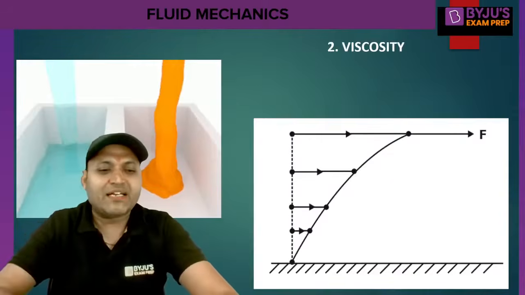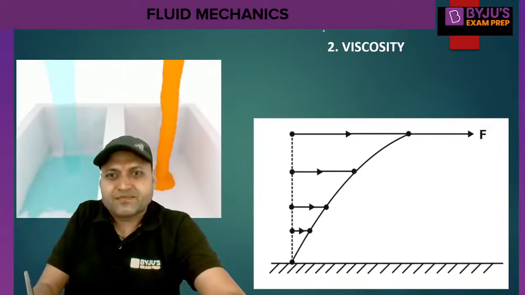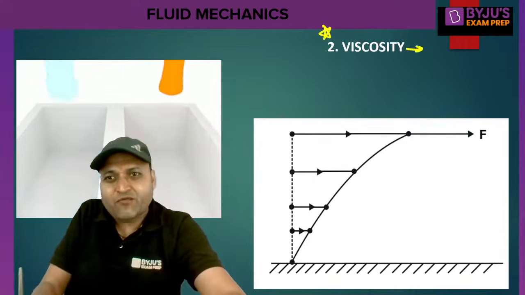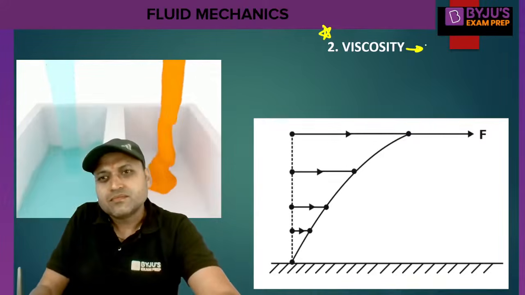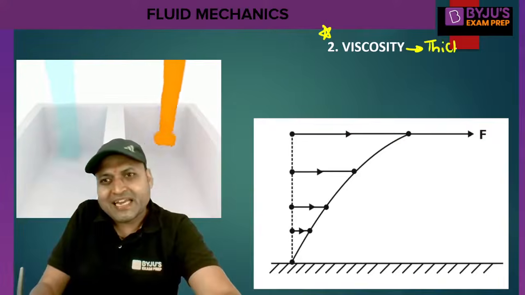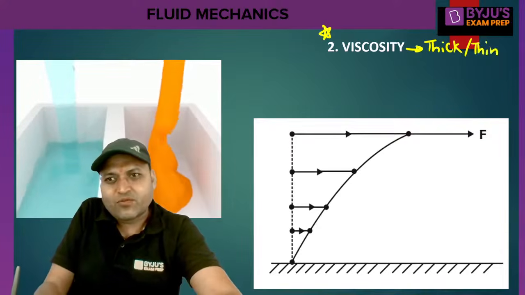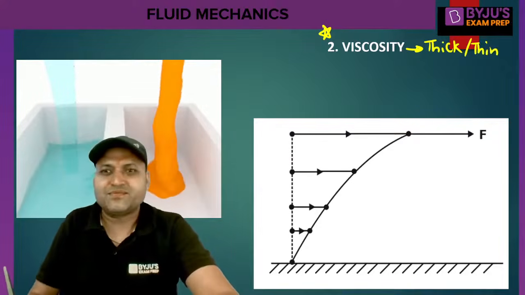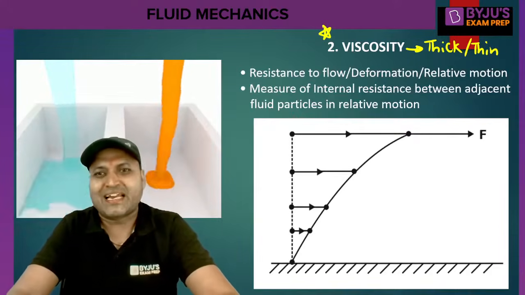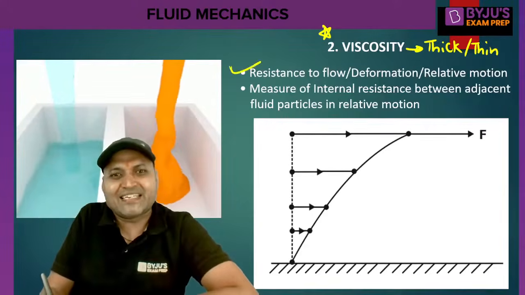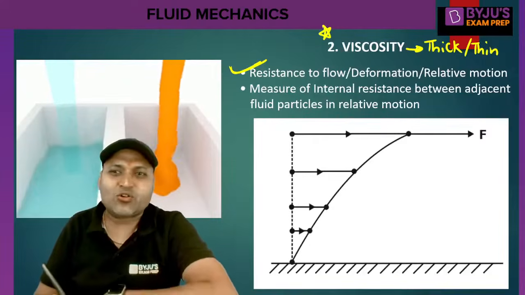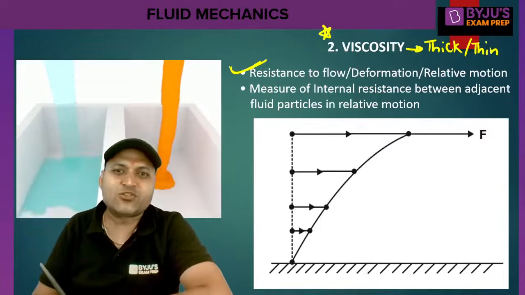The next important property is viscosity. Viscosity gives us the information about the thickness or thinness of the fluid, whether the fluid is thin or thick. What is viscosity? It is the resistance to the flow, resistance to deformation, or resistance to relative motion.